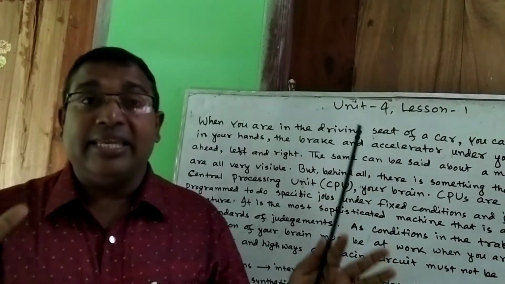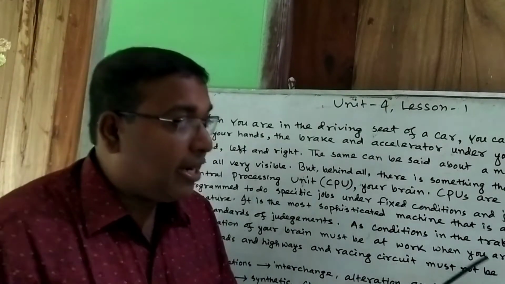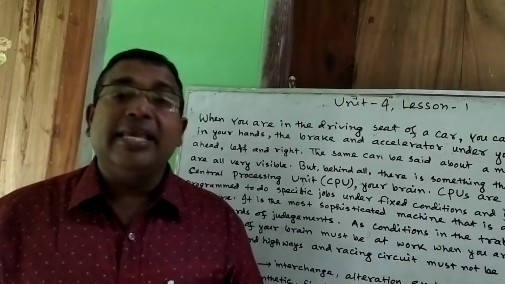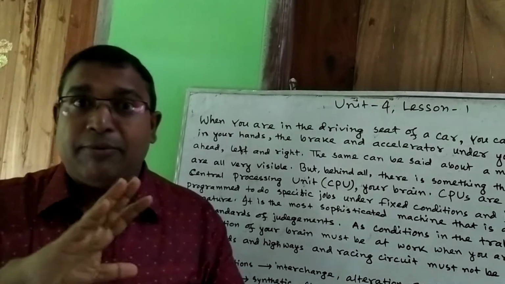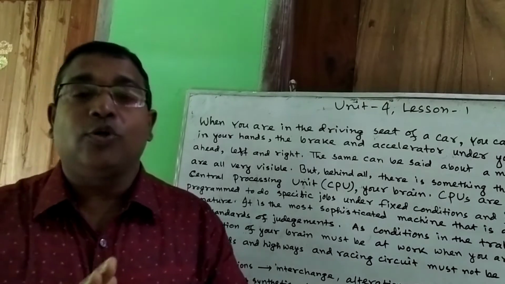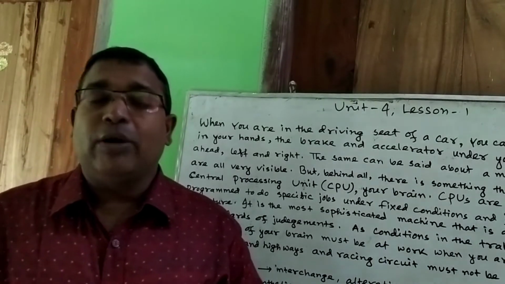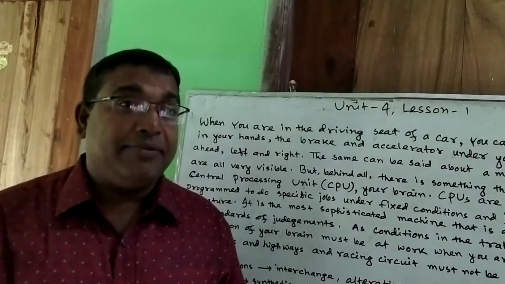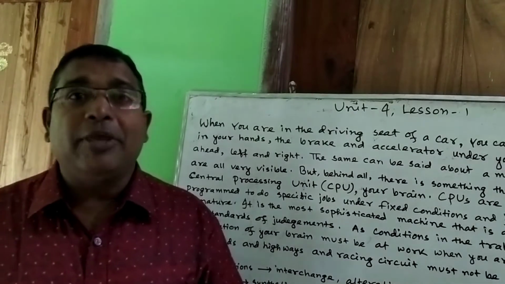And for this, it has been said that a driver's brain operates on ever-changing conditions. And if the human brain were unable to operate on ever-changing conditions, then it would be quite impossible to drive safely on the street with the help of the human brain.